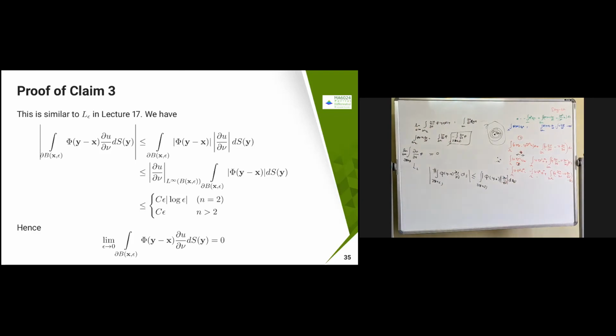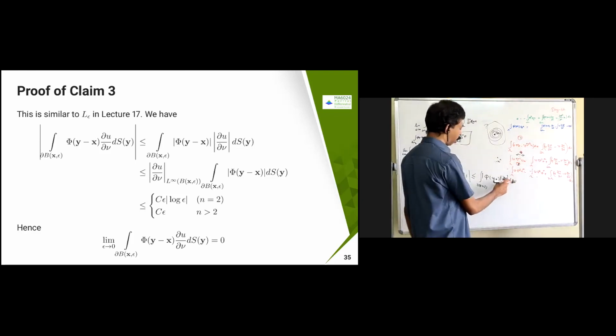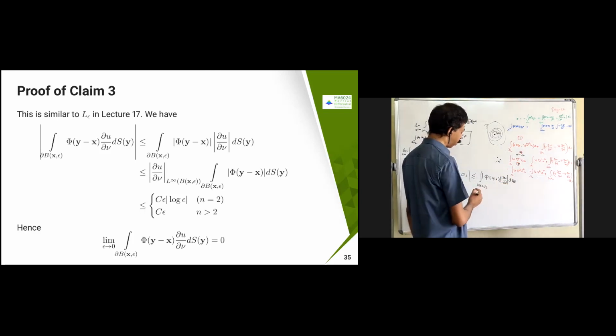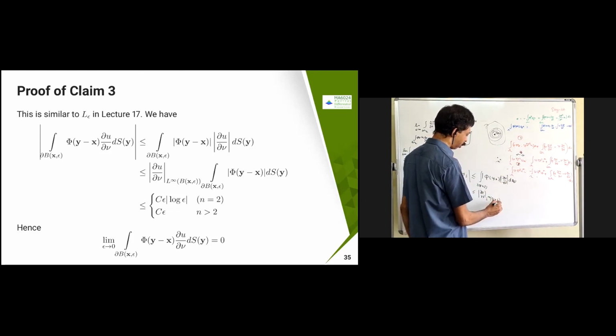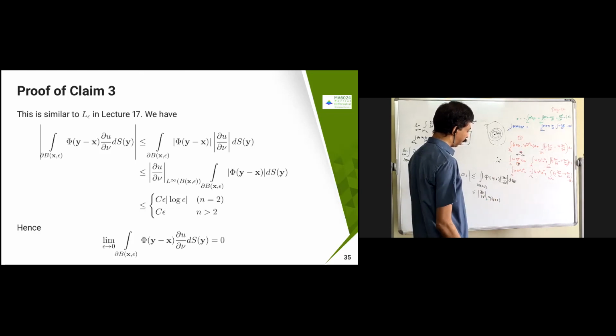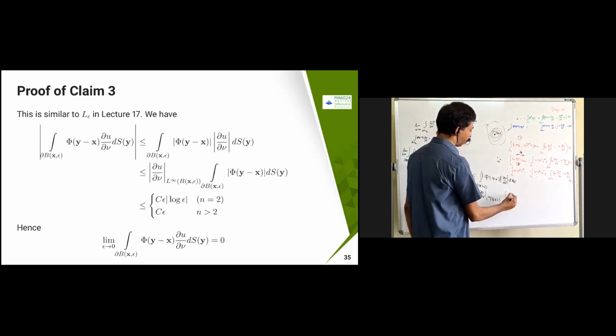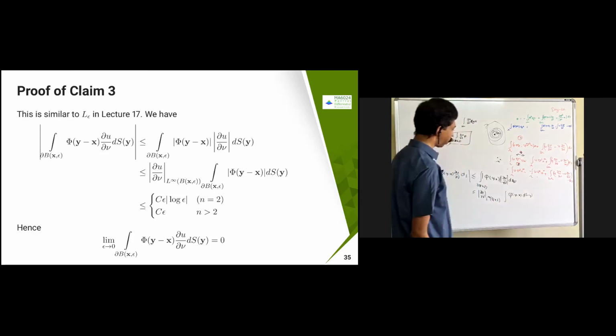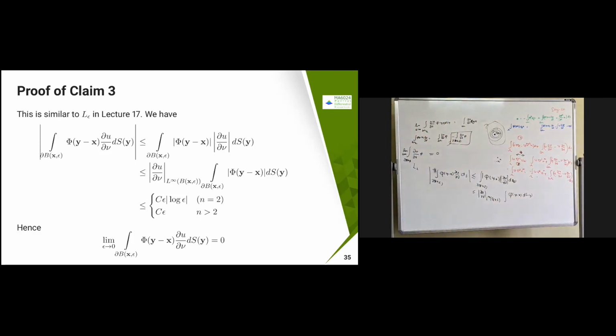If you just take this only with respect to dou u by dou nu, you can prove that this is going to be less than or equal to the modulus of dou u by dou nu, using the boundedness on dou B of x comma epsilon, in L infinity, into the integral of pi of y minus x dS. But we know this value, which is going to be like C epsilon into log of epsilon.